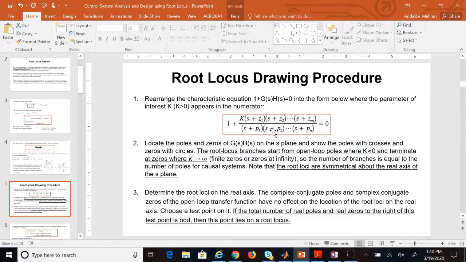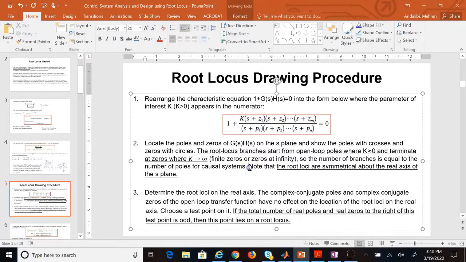First of all, how many branches of root locus would you have? As many as the poles, right? So if you have n p's here, you see the poles are n p's, then there are n branches of root locus. One other thing that really helps us is root locus is always symmetric about the real axis.